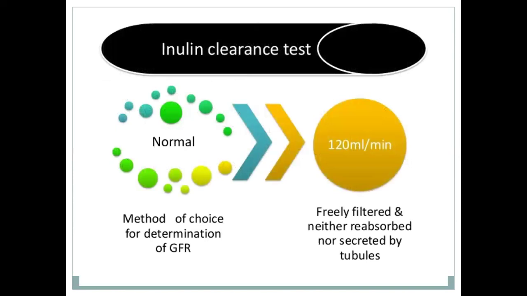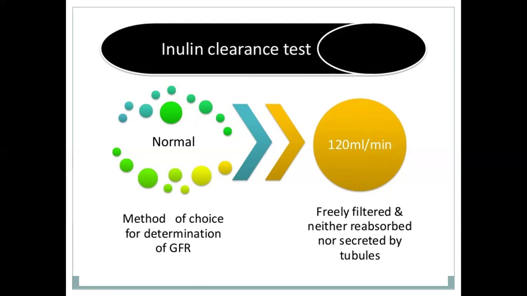Inulin clearance. Normal inulin clearance is 120 ml per minute. It is the method of choice for determination of glomerular filtration rate. It is freely filtered and neither reabsorbed nor secreted by tubules. So what is inulin?